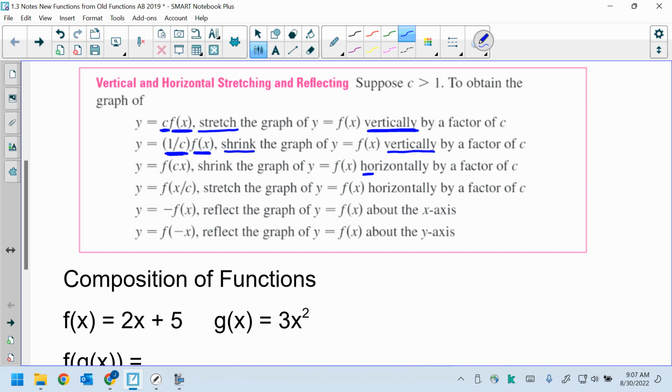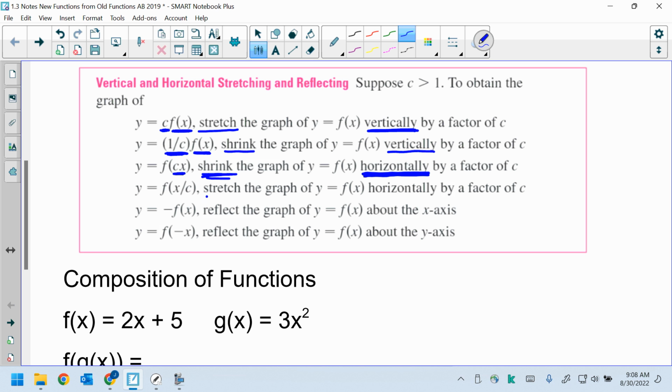Now here, I'm going to impact them horizontally. I want to shrink things horizontally. So if I'm doing something horizontally, I better be affecting the x. I better be working inside those parentheses. So I would think if I want to shrink something, I'd want to make the value inside this parentheses smaller, but indeed it's again the opposite of what you'd think. If I want to shrink horizontally, I'm going to multiply the x by some constant.